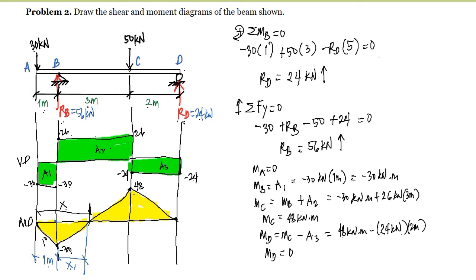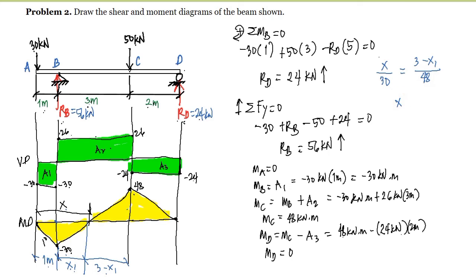Now, if we are going to do the ratio and proportion, we have here x is to 30. We neglect the sign. And if this is 3 and this is x sub 1, meaning this distance here is 3 minus x sub 1. And the vertical for this triangle here is 48.